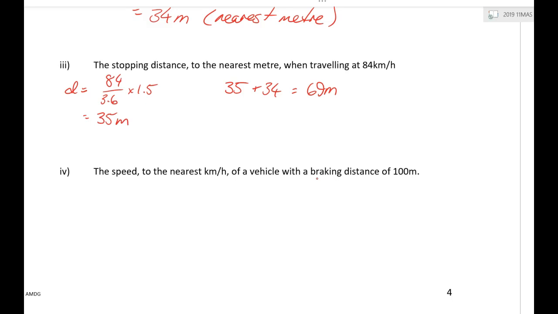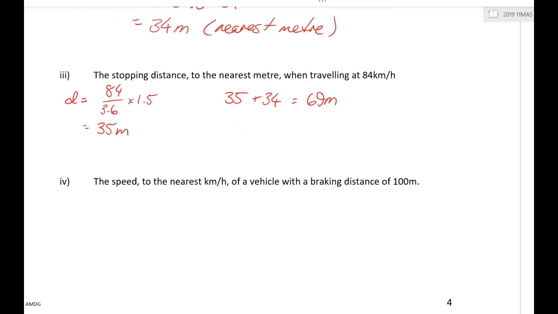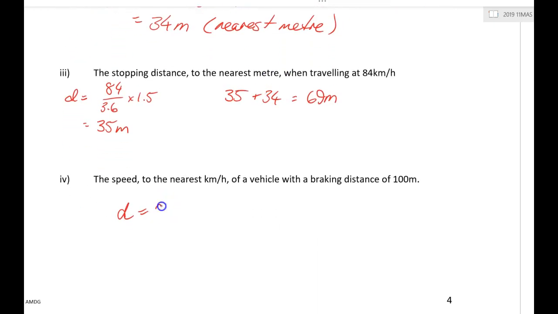My braking distance, D equals kv squared. So D equals 0.0048 times v squared. We know that distance is 100 metres. I'm looking for an answer.